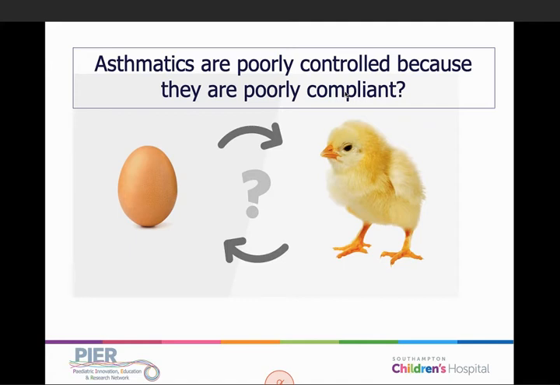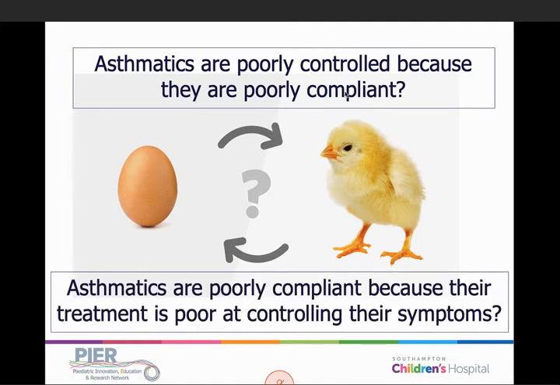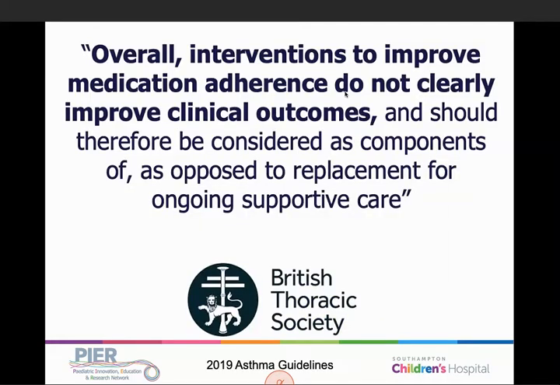But it's equally plausible that the asthmatics are poorly compliant because their treatment is poor at controlling their symptoms. The drugs aren't giving them the benefits that they hope for. They're therefore disengaged with their treatment and they're not taking it. And there is actually a basis for thinking that the latter might well be true.